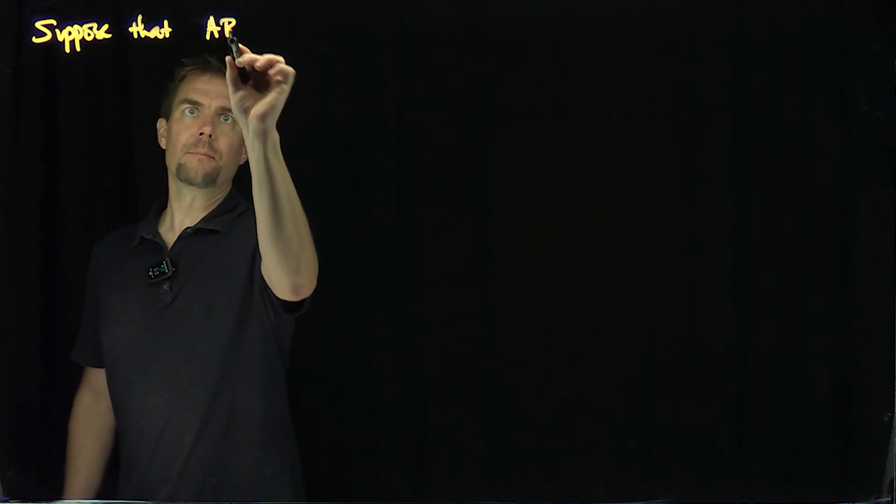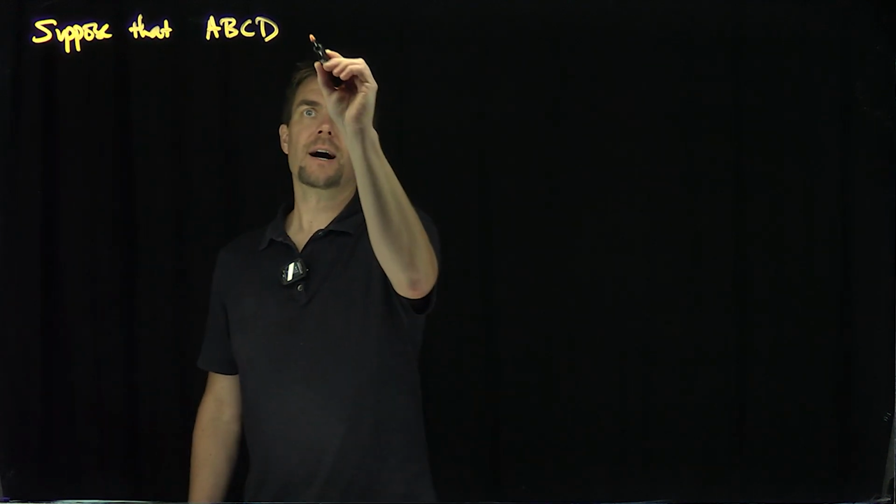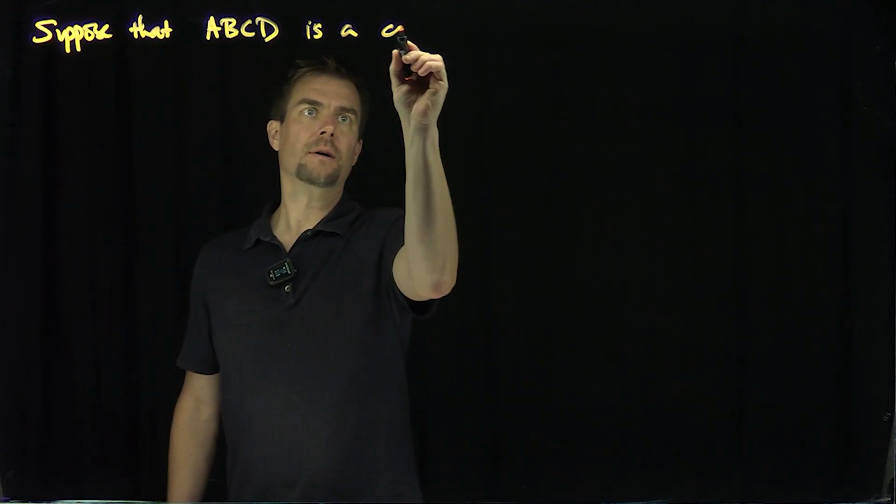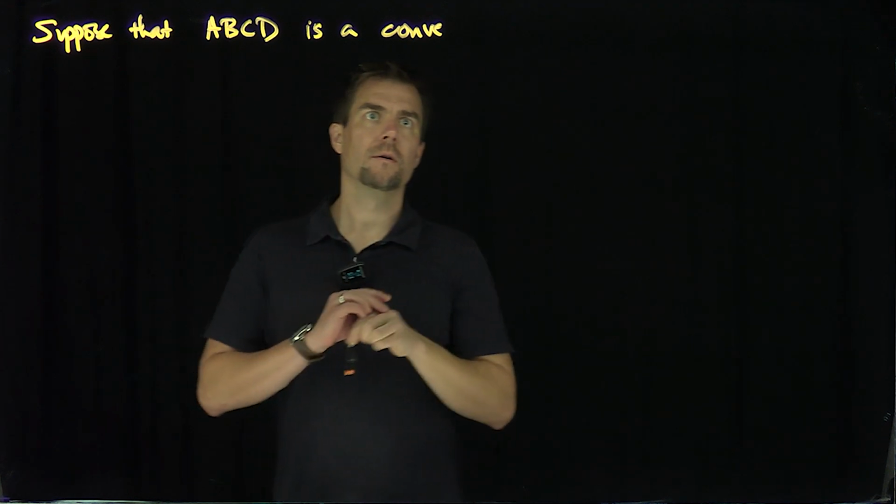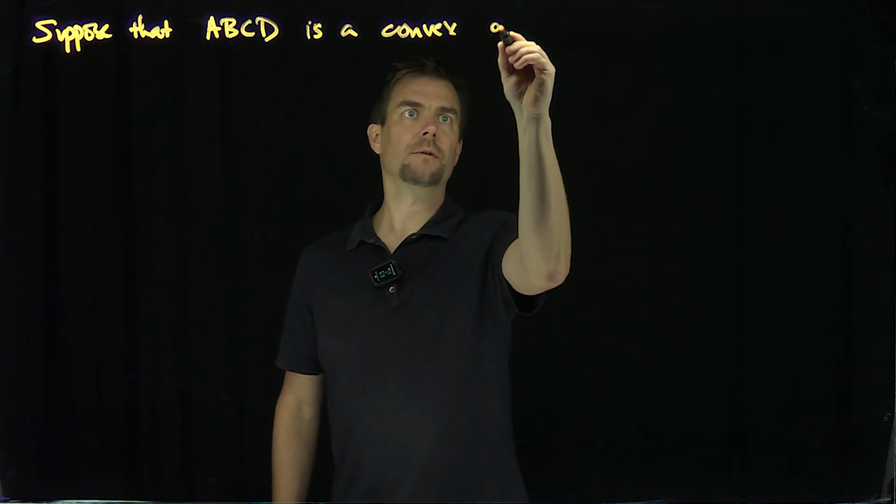Hello students, in this video we'll solve a Lower Michigan math competition problem related to angle bisectors in a convex quadrilateral. Let's suppose that ABCD is a convex quadrilateral.